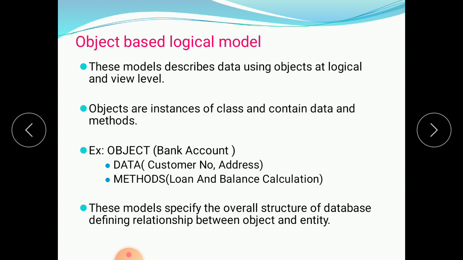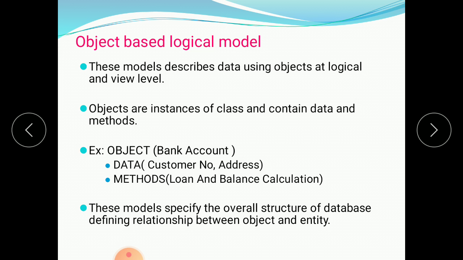What comes in a bank account? What data comes in a bank account? Customer name, customer number, address, customer IFSC code, then bank account number. All this information about the bank holder, the customer, whose account it is, that person's information, is called data.